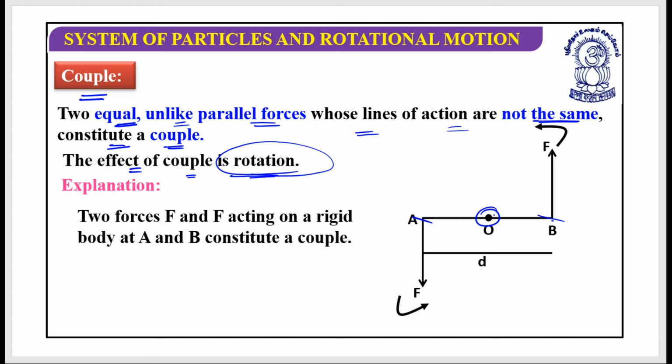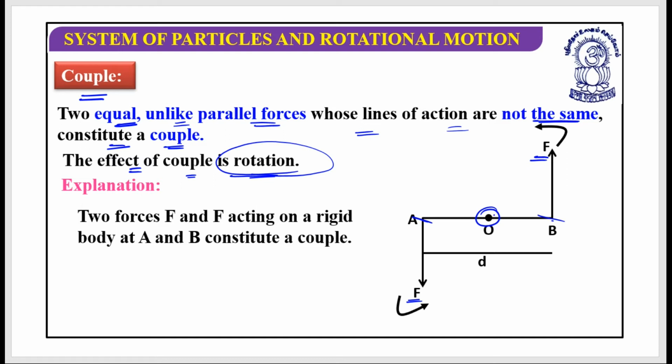Now at point B a certain perpendicular force is acting, and at point A a certain perpendicular force is acting. You can see clearly that the force acting on point B will try to rotate the body, and the same is the case for A. So the force acting on A and the force acting on B develop a rotational effect on the body.